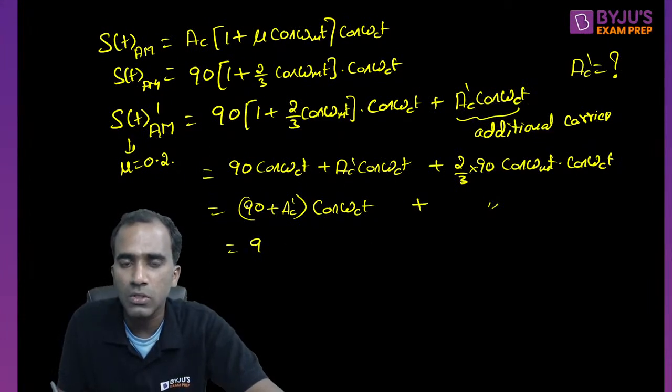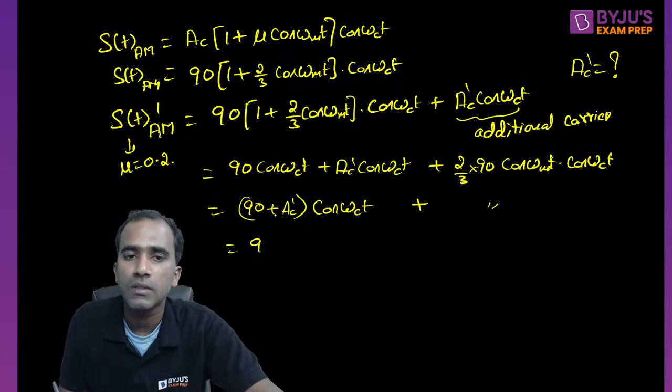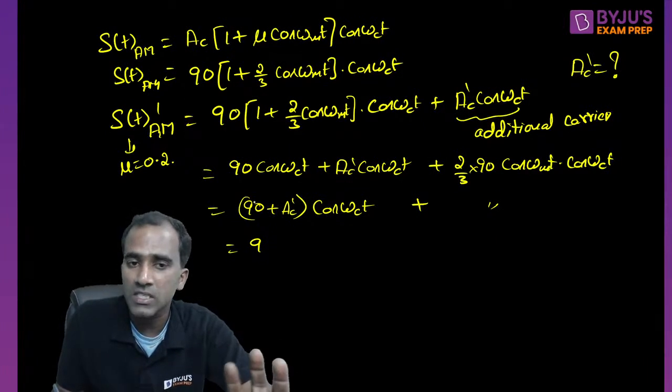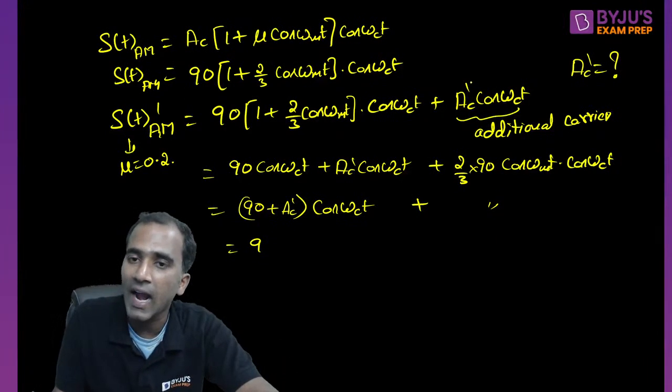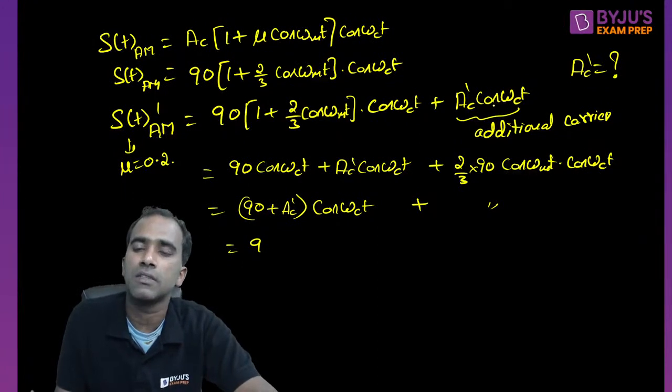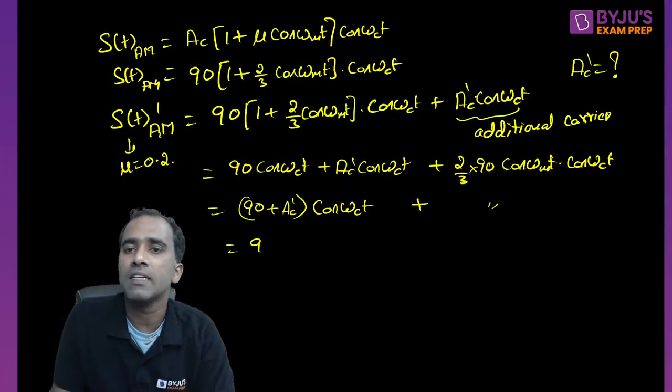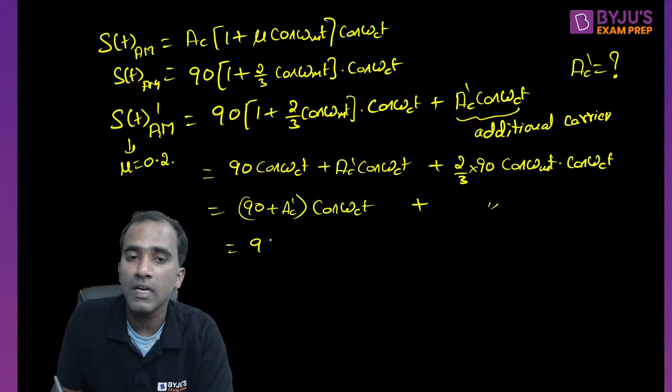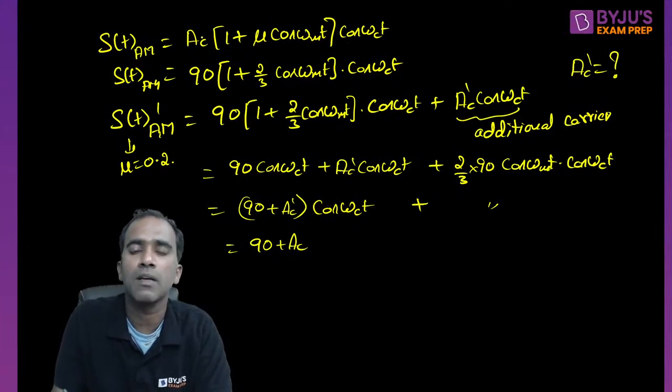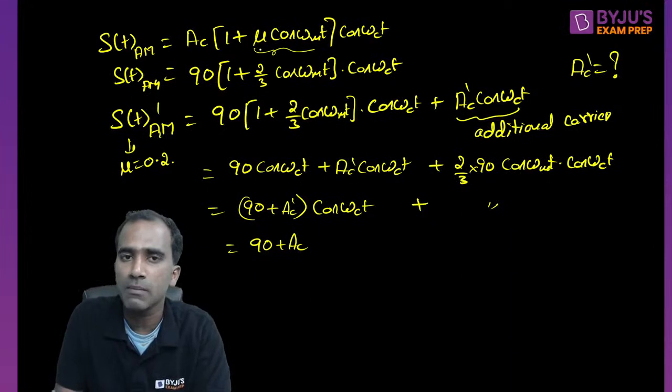Now, the total carrier amplitude is how much? The new peak amplitude of the carrier is not just 90 or AC dash. AC dash is the extra carrier we have added. After adding this, the peak amplitude of the carrier is not 90 anymore, it's 90 plus AC dash. If we arrange the AM signal in the general format, we can get the modulation index very easily. Taking the carrier completely common, the maximum magnitude possible in the sideband part is the modulation index.